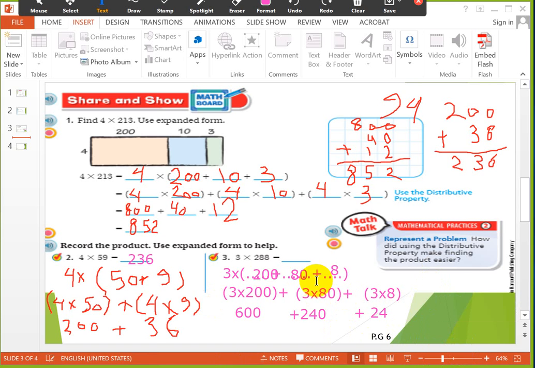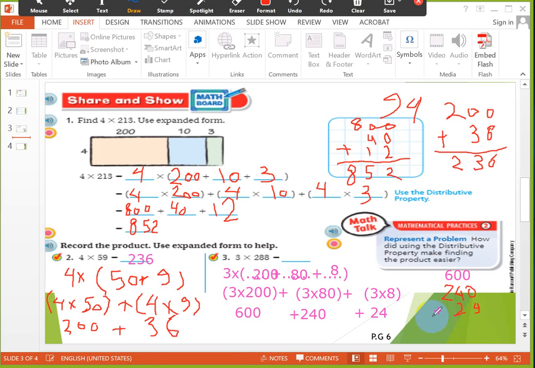Now, to find the final answer, I have to add the numbers under each other. Okay, I will add the numbers vertically. So I will write the numbers 600, then 240 and 24.